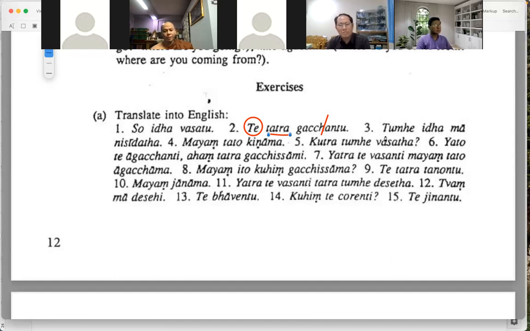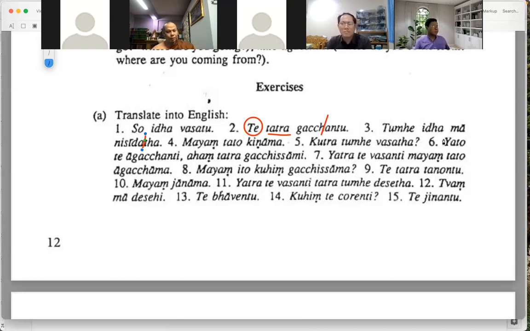Next, number 3. Idha ma nisidata. Here the verb is nisidata: nisida and ta. When we see ta, there can be two possibilities. One is present tense, second person, plural. The other is imperative mood, second person, plural.